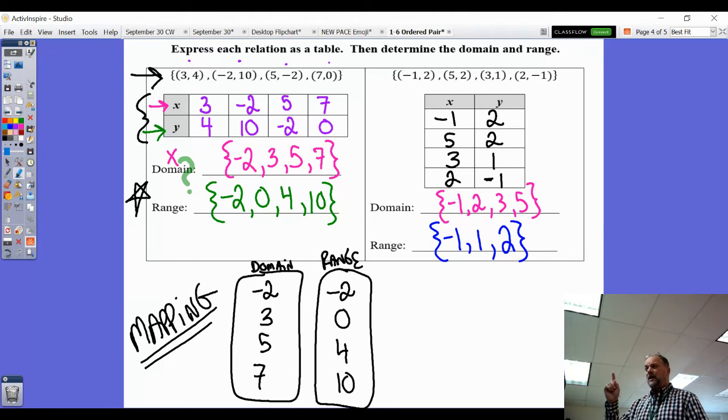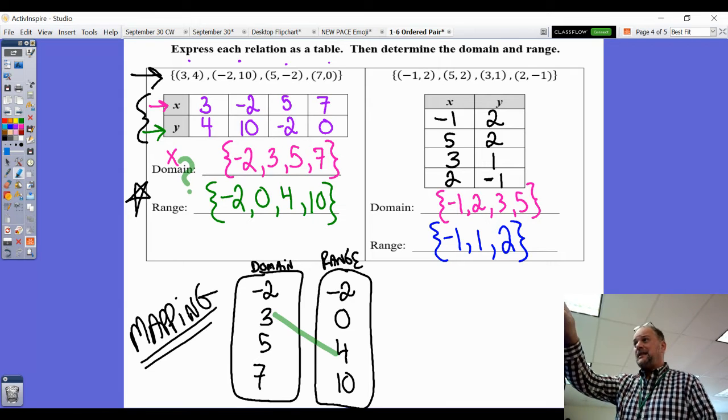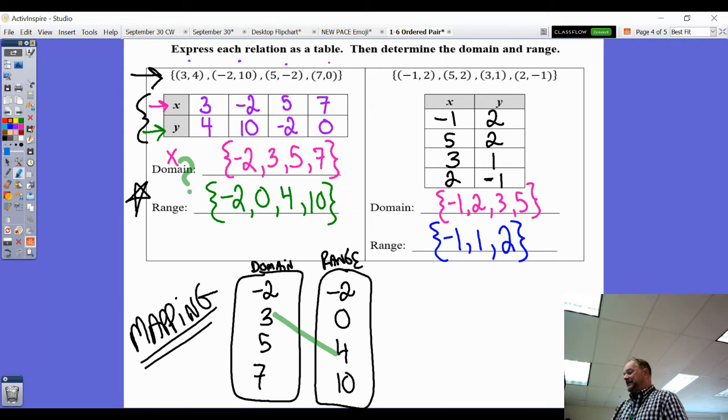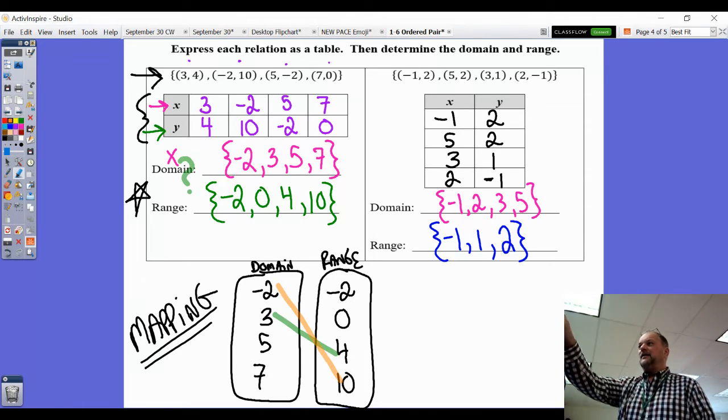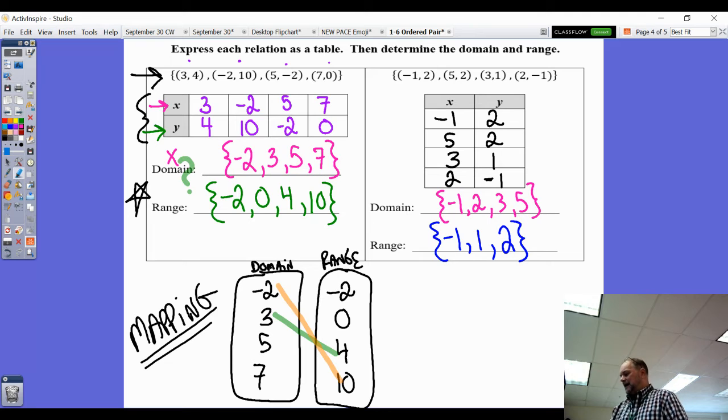For example, the point 3, 4 is in my original problem, so I take that 3 in my domain and connect it down to the 4, so I know that 3 matches up with 4. I know -2 matches up with 10, 5 matches with -2, and 7 matches with 0.